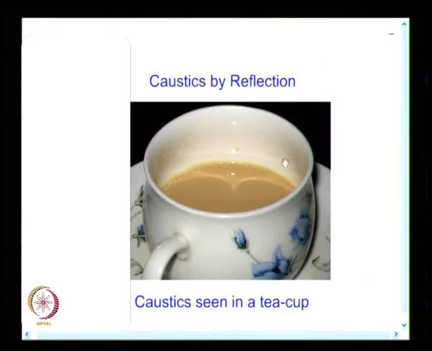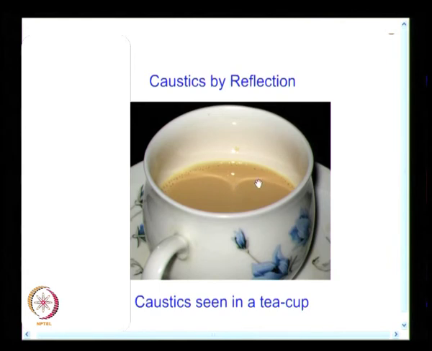I have a teacup, and because of this curved nature and with appropriate lighting, light hits this curved surface and gets reinforced, and you see a silver line as a cusp. The line that you get, the principle is called caustics. The same name is also given to the optical technique.